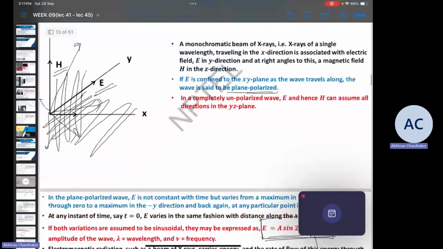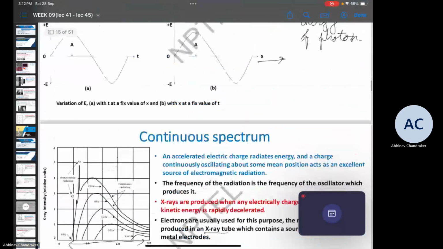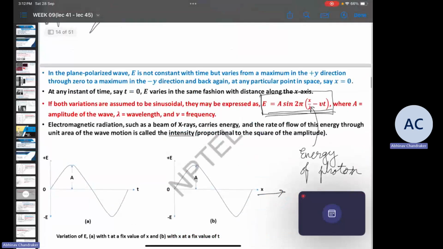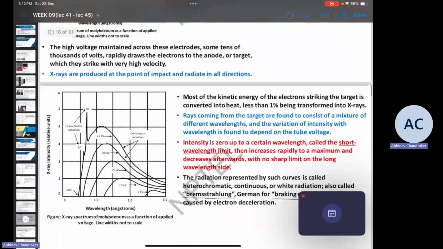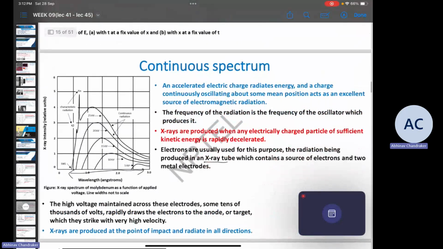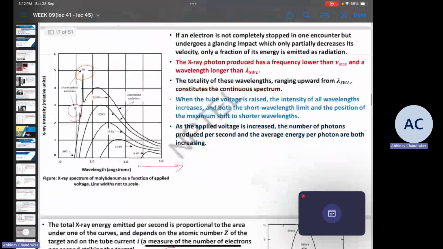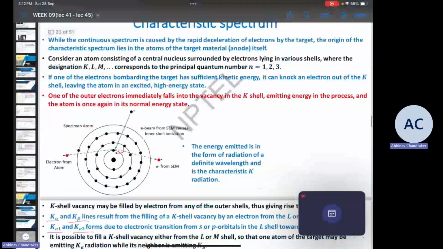So what is an X-ray? Some of the basic terms that you need to know. Then we looked at how the X-ray spectrum usually looks. It's a continuous spectrum with some peaks, which are the characteristic X-rays.